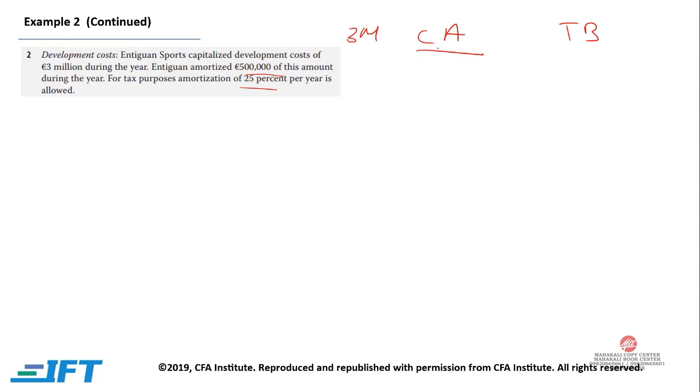So the carrying amount would be 3 million minus 500,000, and for tax base it would be 3 million into 1 minus 0.25. So 3 million minus 500,000 is 2.5 million. Because tax purpose amortization is 25% per year, the remaining amount would be 1 minus 0.25. So 3 into 0.75 is 2.25 million.